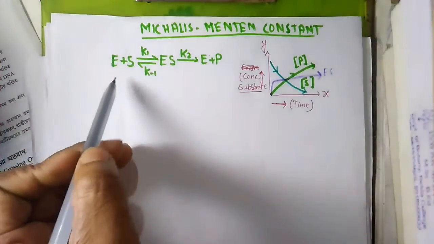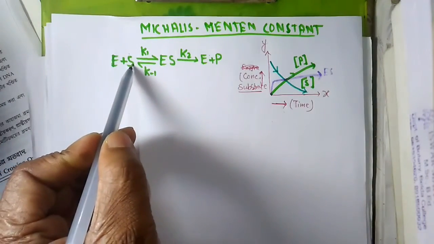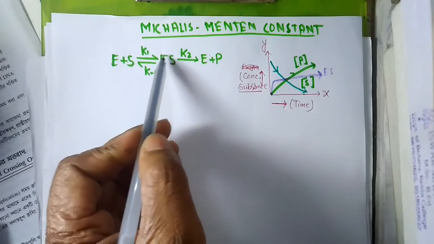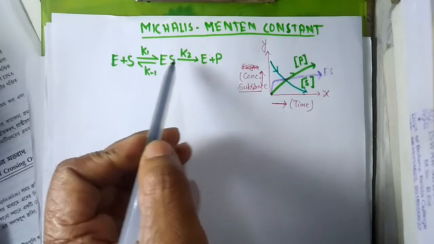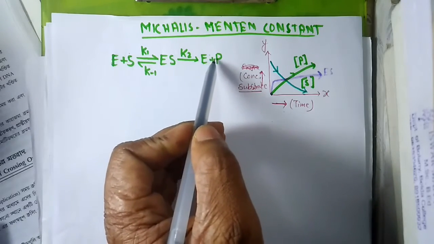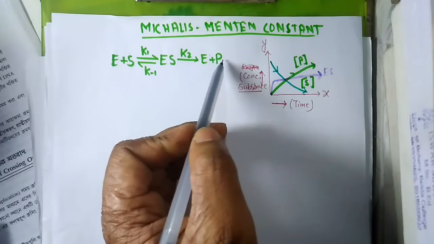We all know that an enzyme reacts with the substrate and an enzyme-substrate complex is produced. After the reaction, the enzyme separates and the product is produced.